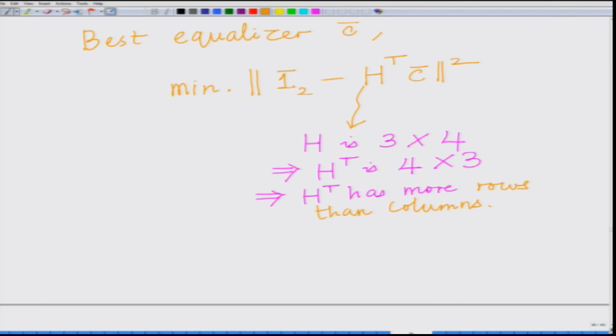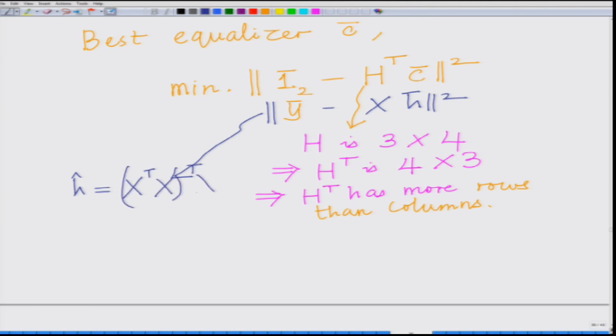For instance, if I have to draw a parallel, not an exact parallel, but just from the point of view of least squares, I had the norm squared of y minus x H bar, and the solution was basically H hat equals x transpose x inverse x transpose y bar, that is the least squares solution.